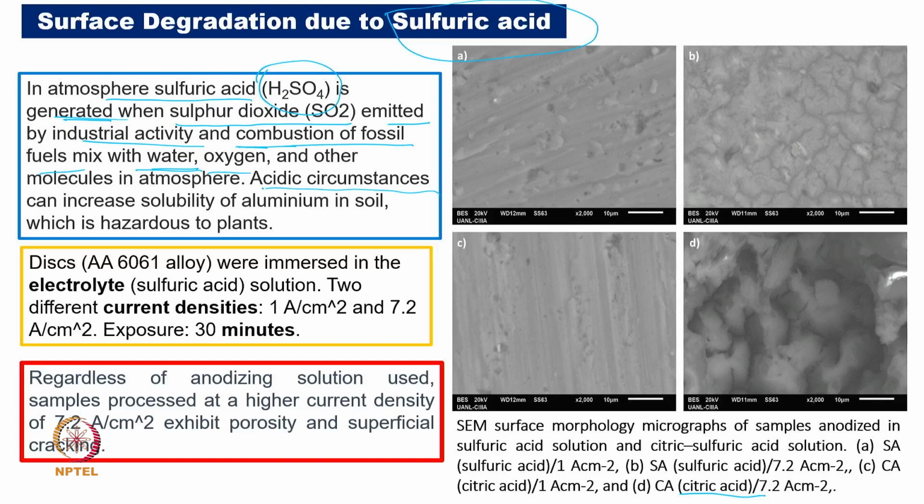As in another earlier study, we saw that ozone is severely impacted when acid is present. Mostly, acidic circumstances increase the problem, and in this case acidic environments dissolve and make the aluminum soluble into the soil.